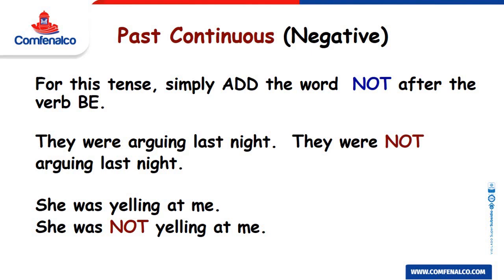Okay. In this way, we form the negative in past continuous. De esta forma, formamos, valga la redundancia, el negativo en el past continuo, solamente agregándole el not después del verbo to be en forma en pasado, ¿ok? En past form, ¿ok? If were not or was not, depending of the subject of the sentence, dependiendo del sujeto de la oración, was or were.